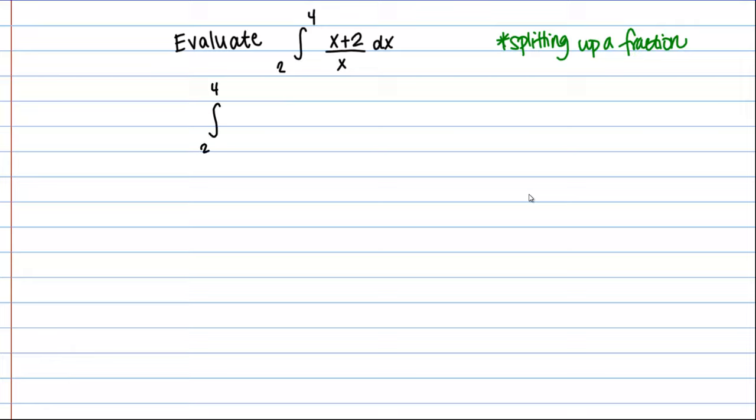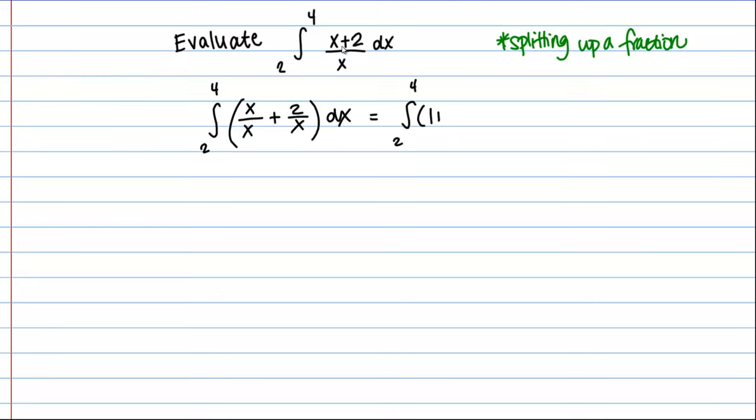Anytime you have multiple terms in the numerator, you can split up the fraction. So I can write this as x over x plus 2 over x. And now I will simplify this.